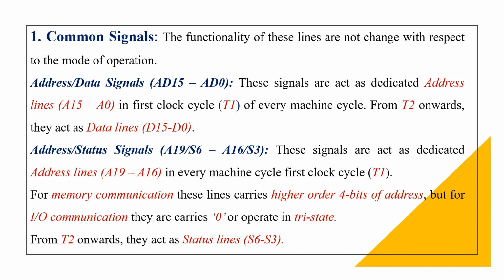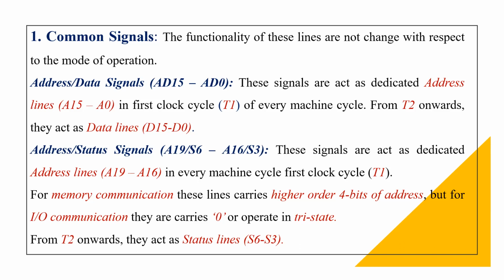Similarly, our second category of signals under the common signals category is the address and status signals, that is A19/S6 to A16/S3. These signals act as dedicated address lines like the previous case, that is A19 to A16, in the T1 duration of every machine cycle.